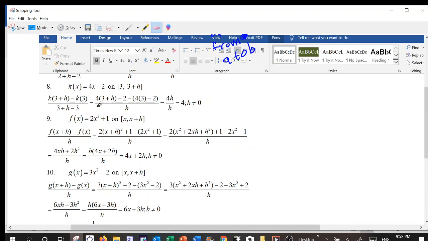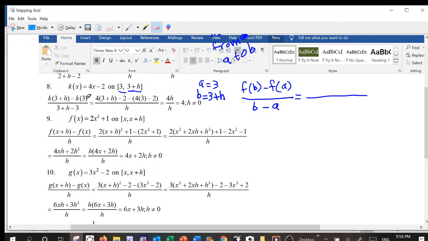It says find the average rate of change for 4x minus 2 between 3 and 3 plus h. It doesn't matter what this is, we use the same formula: f of b minus f of a over b minus a. Now here a is 3 and b is 3 plus h. So we just substitute here.